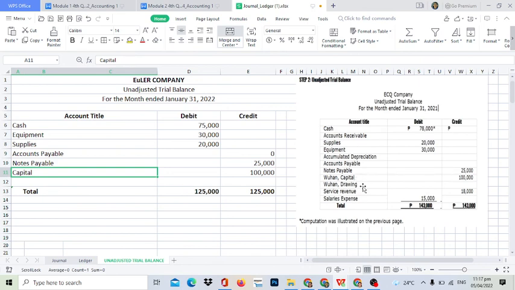And then, itong drawing, kahit sa baba na po ng expenses yan, okay lang. Okay? And then, the revenues and the expense. Yun lang, total po yung amount under debit, then total the amount under credit. So, dapat po balance yung ating total debit sa total credit.